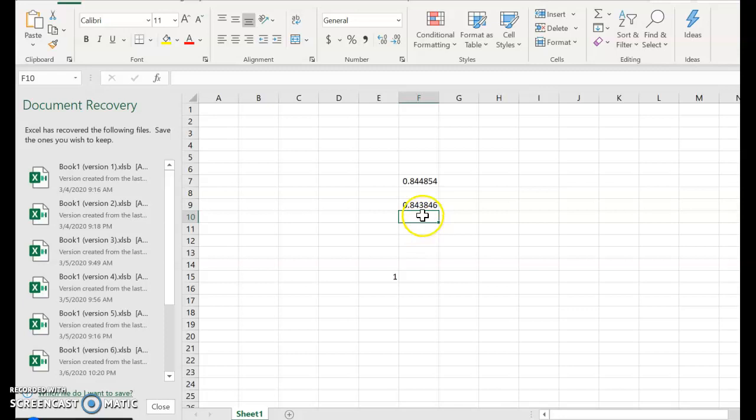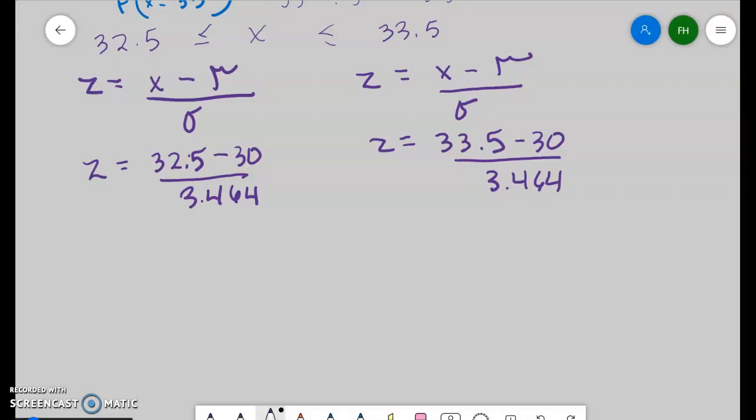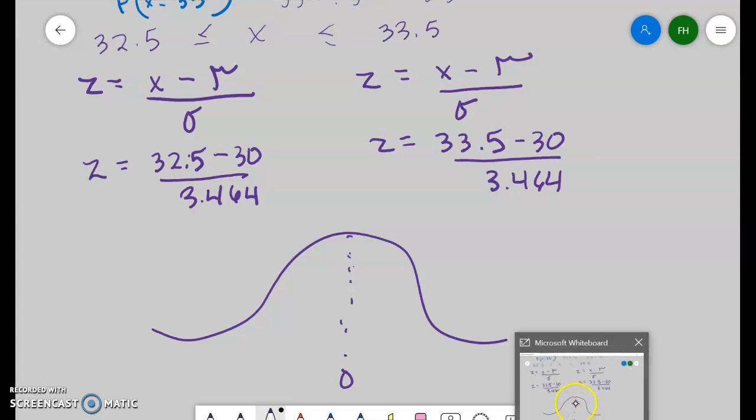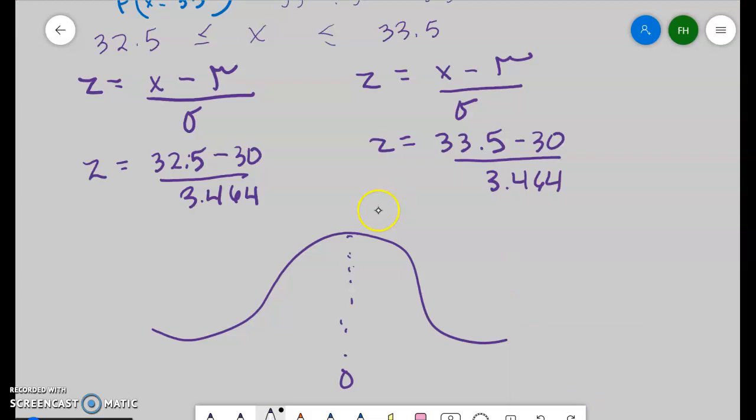Okay, so we have these two values here. Now here's the deal with these two values. Basically what you're doing is you have a standard curve here. You know the mean is 0 now because we've standardized it, and I know that these two numbers are above the mean, so I'm just going to guess where they are.